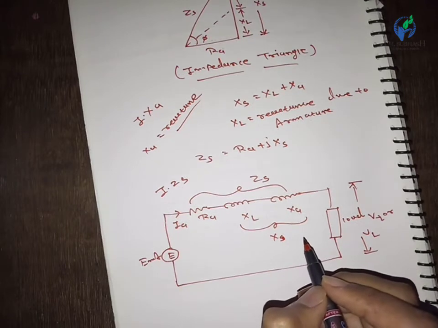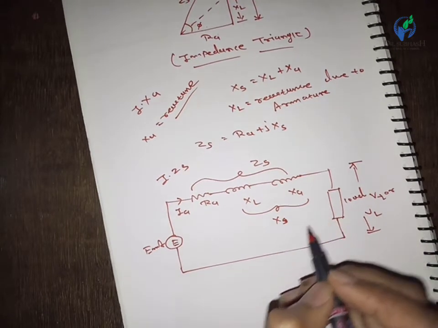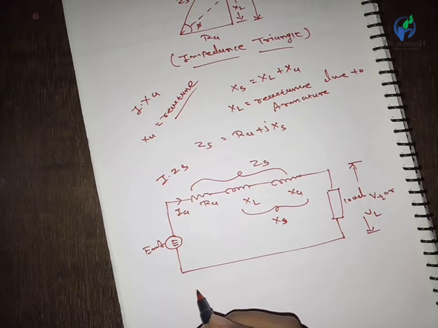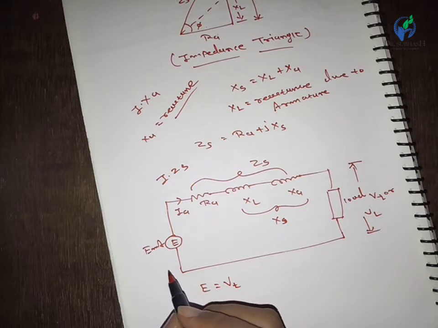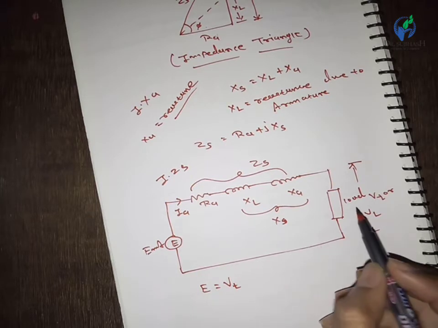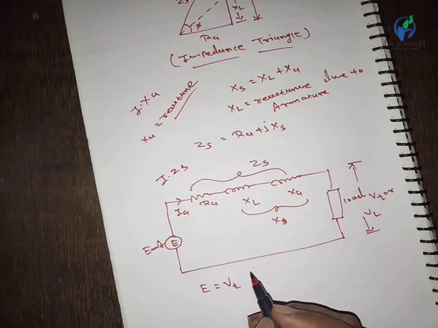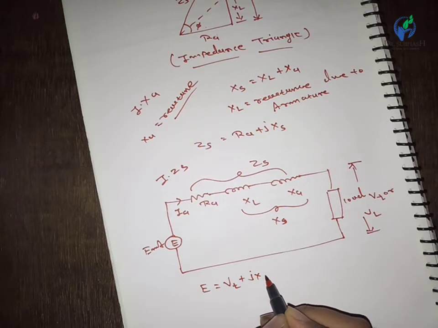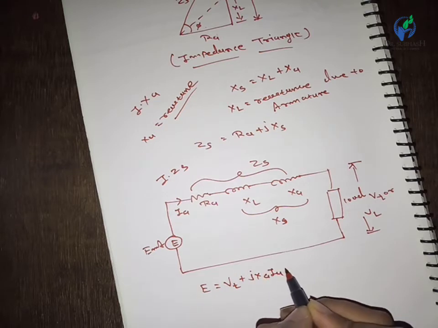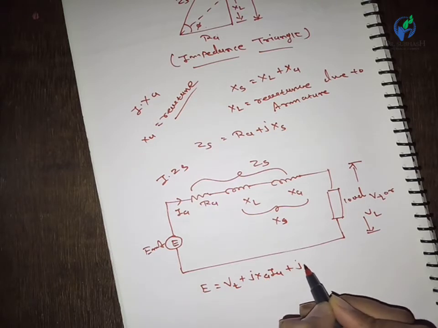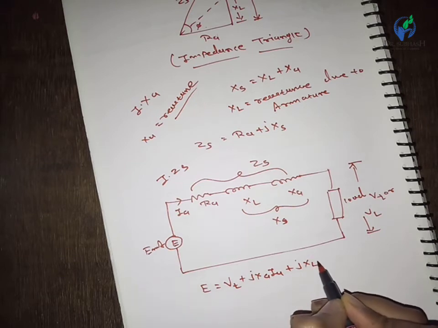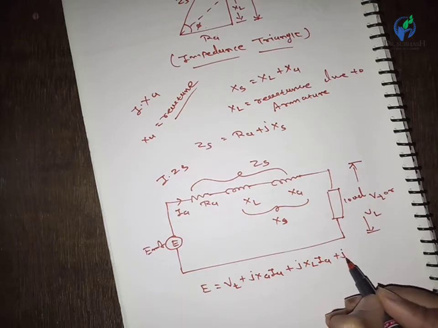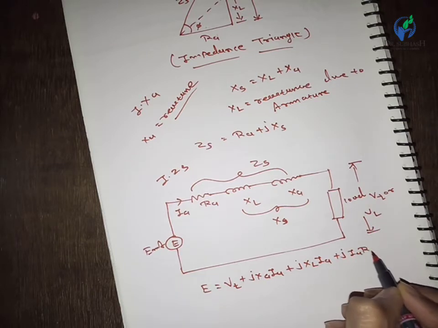From the equivalent circuit we can write the following equation: E is equal to VT plus jXA into IA plus jXL into IA plus IA into RA.